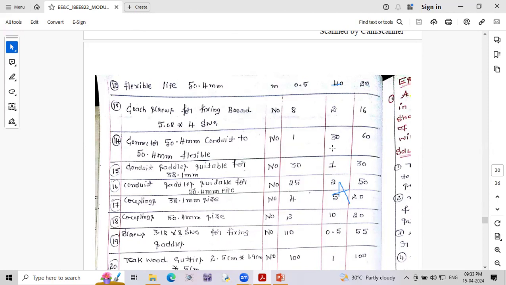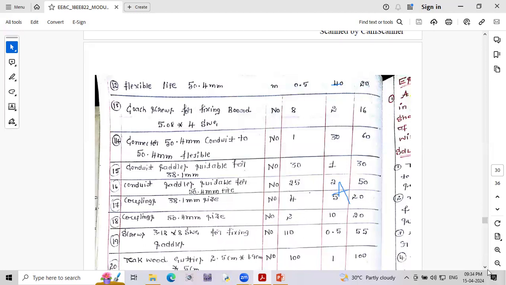Connectors, 1 is required, 30 rupees, 60 rupees total. Conduit saddles suitable for 38 mm and 50.4 mm, so you can write it randomly. Coupling for 38.1 mm size, 4 are needed, 5 into 4, 20. Coupling for 50.4 mm size, 2, 10 rupees per unit, total 10 into 2, 20.